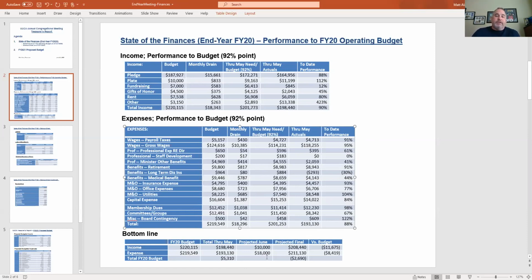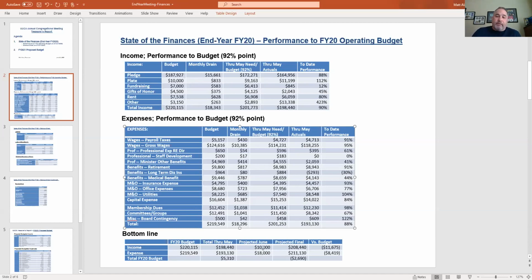I have to do a projection for the last month of the year. I'm projecting that we'll get 10,000 in income and 18,000 in expenses. 18,000 in expenses is roughly our average for every month. Most pledges have come in. There's going to be, as I mentioned, an effort in July to collect on last year's pledges.